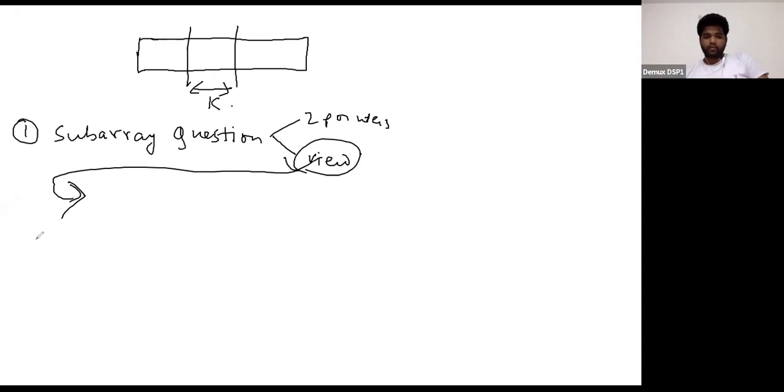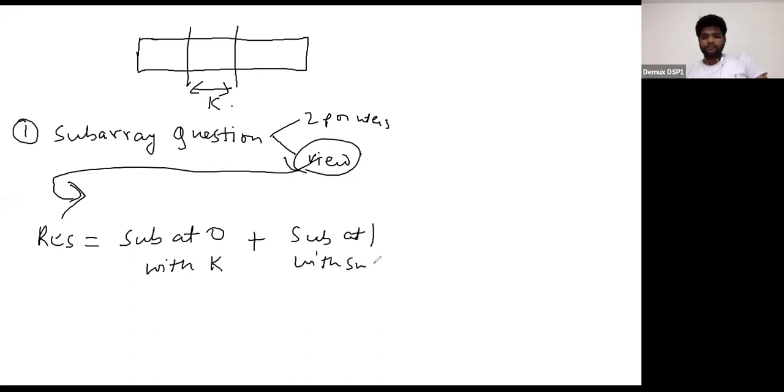So basically that total answer is nothing but all subarrays ending at 0 with sum k, plus subarrays ending at index 1 with sum k, plus subarrays ending at 2 with sum k, and so on till subarrays ending at n minus 1 with sum k.